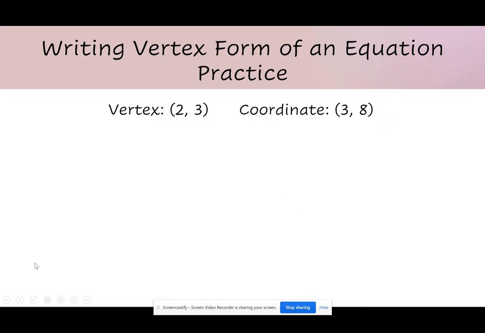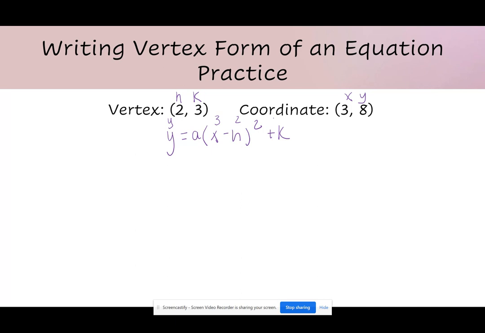So here's an example. We have our vertex, so I like to always label all my points. So we have h, k, x, and y. Now remember, we're working with a times (x minus h) squared plus k. So your x will be 3 and y will be 8.